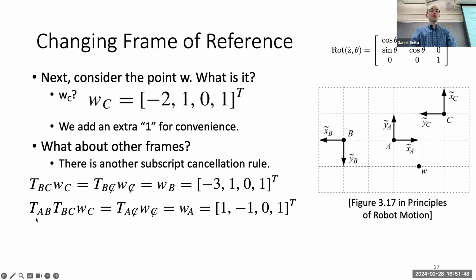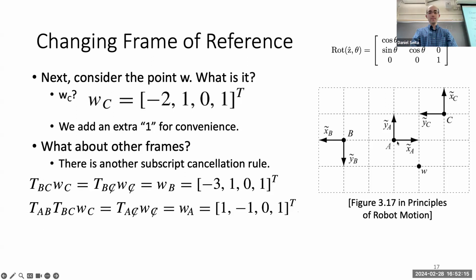So if you have the transformation TAB, TBC, and WC, you can apply the subscript cancellation rule multiple times. So you get rid of the B's here to get TAC, then you get WA by eliminating C here. So you have WA, which is equal to 1, -1, 0, and 1, right?